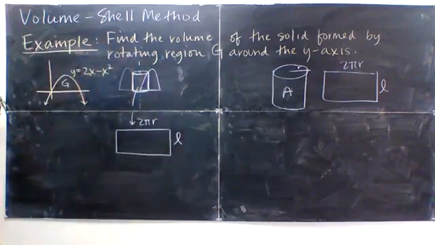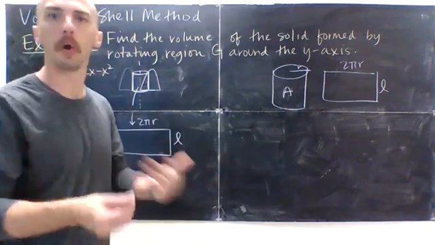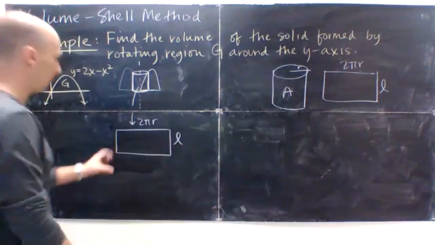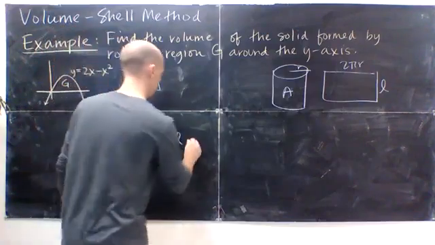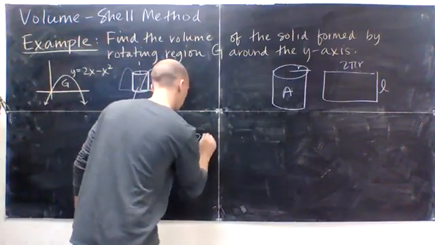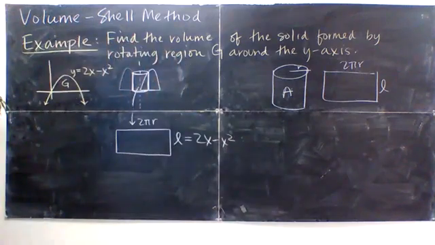And then we're going to need to determine what r and L are in terms of x or y or whatever. Well, L, being this height, is pretty clearly equal to f of x, right? L is going to be 2x minus x squared. And then 2 pi r.